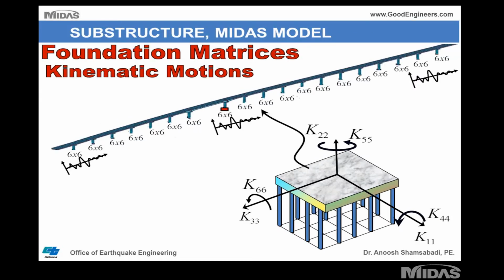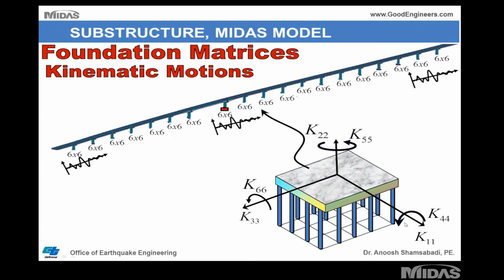Okay, so this is what you do. If you look at the global model now, you have your foundation 6x6 matrices, which include the mass matrix, damping matrix, and stiffness matrix, and then the kinematic motion. The model for the foundation is done separately.